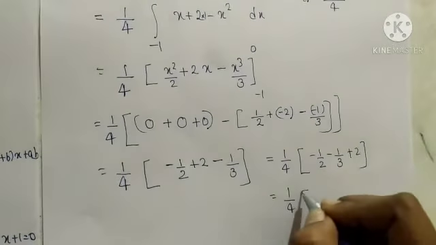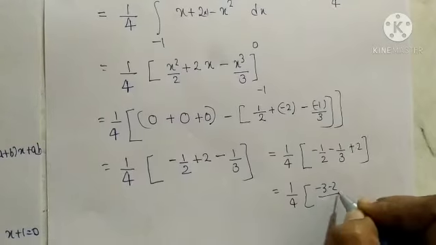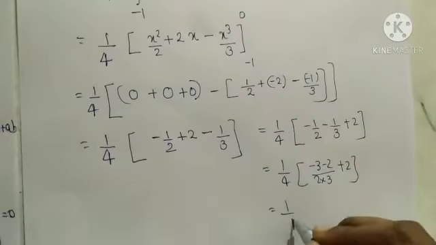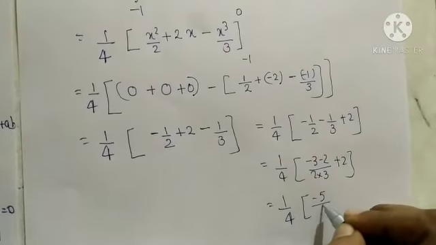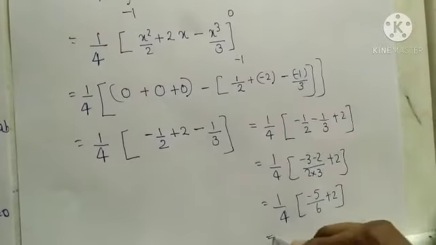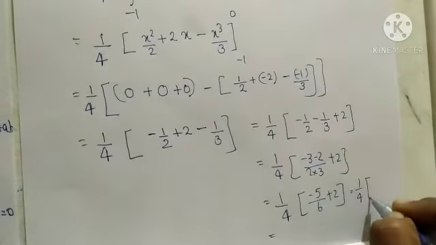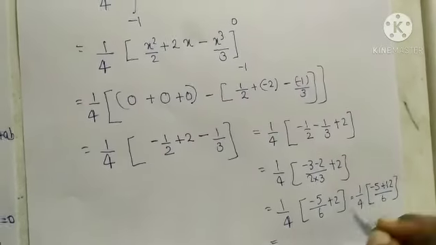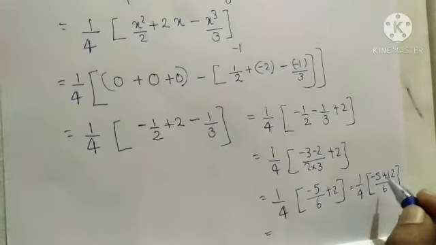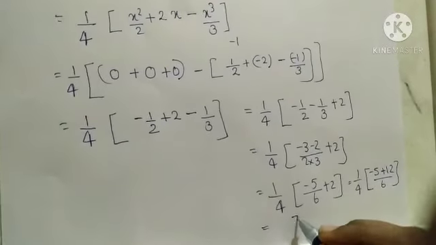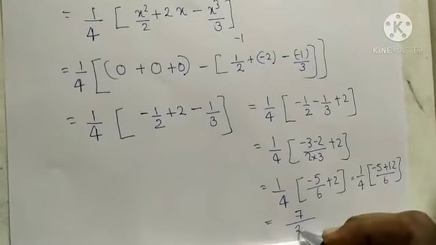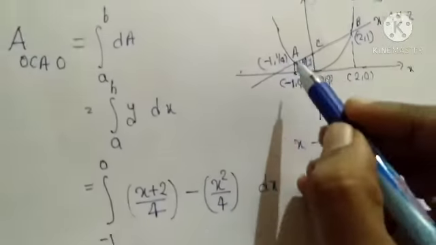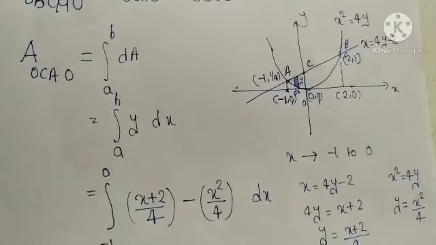Here 1 by 4 into minus 3 minus 2 divided by 2 into 3, plus 2, which will be equal to 1 by 4 into minus 5 by 6 plus 2. Cross multiplying, here we get 1 by 4 into minus 5 plus 12 divided by 6. Minus 5 plus 12 is 7. 7 by 4 into 6 becomes 24. So 7 by 24 is the area of this small portion.